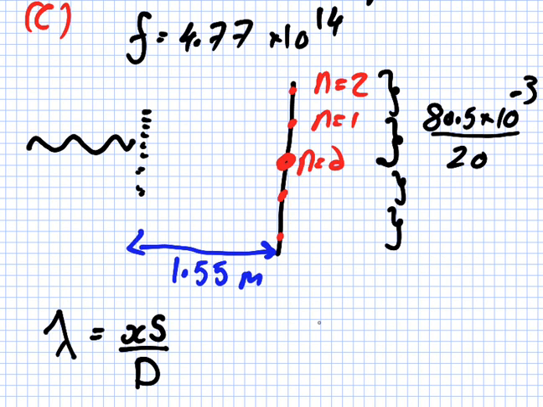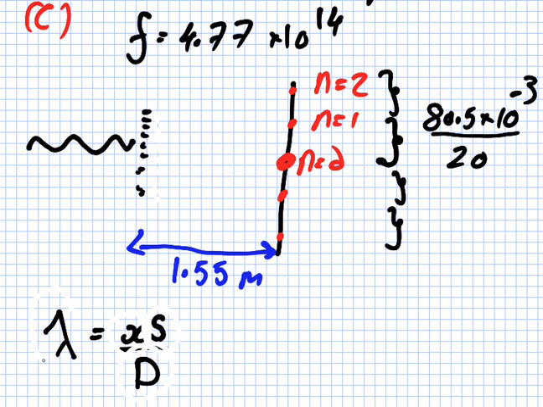X is the fringe to screen distance. Before I go on, do we know the X? Yeah, we do. Do we know the D? Yeah, we do. And we know the slit separation. That's the distance here. We don't know that.